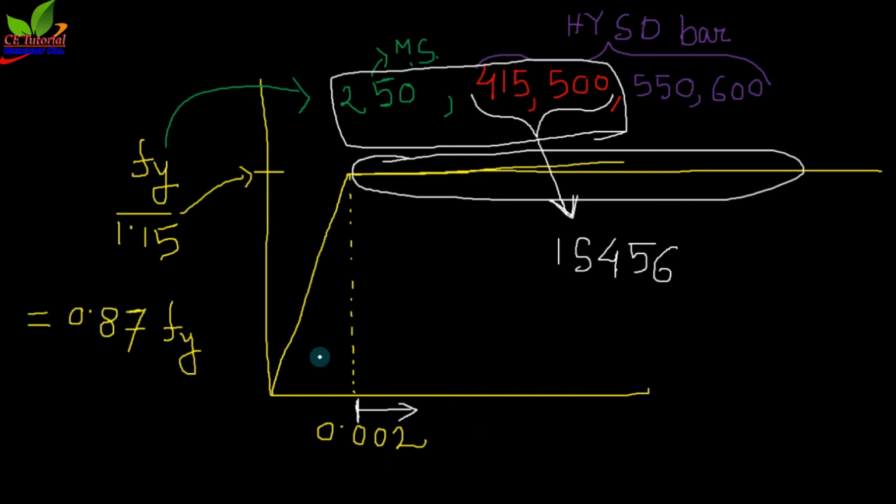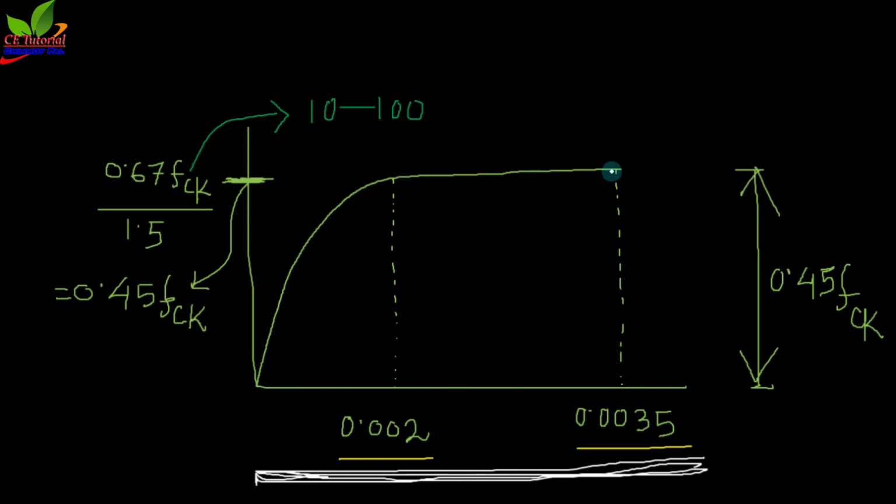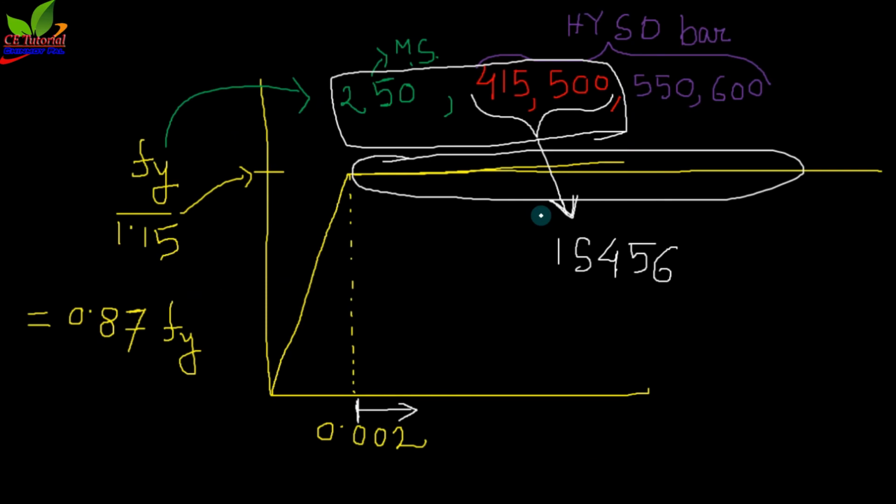So I think you can understand the difference of limiting strain of concrete and steel. In concrete, we have to remember that the strain should be less than 0.0035, and in case of steel it should be greater than or equal to 0.002.